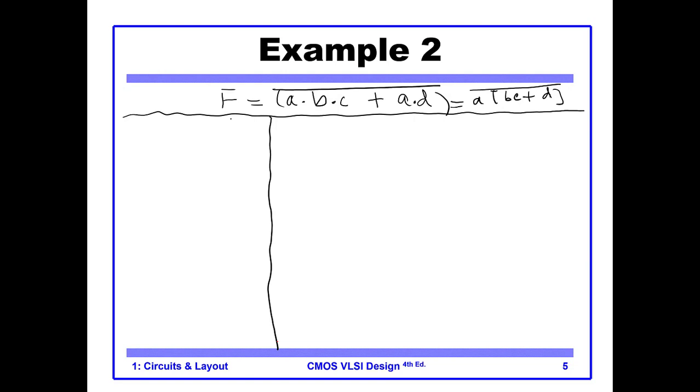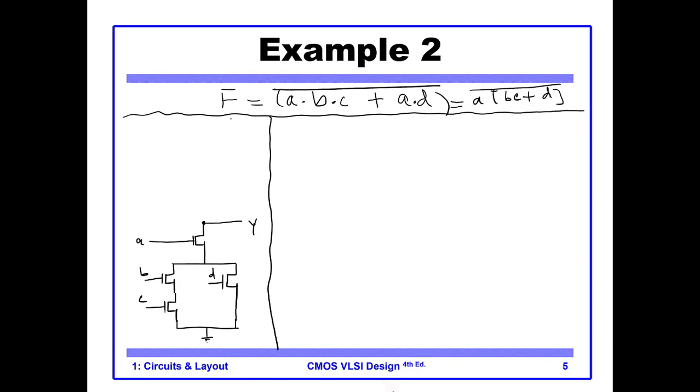So we have B and C in series, and these two are in a parallel combination with D, and the whole thing is in series with A, and we take our output from A. So this is our Nmos network.